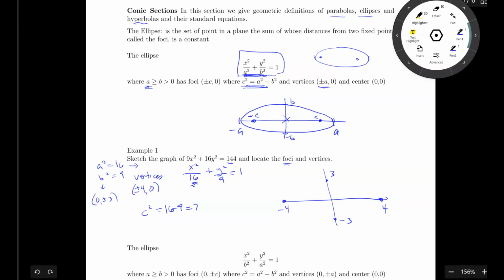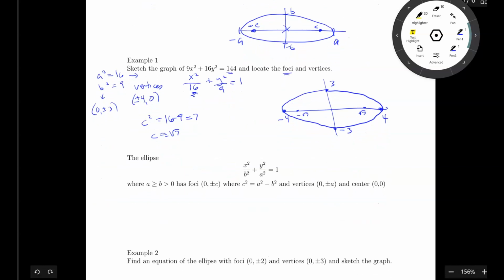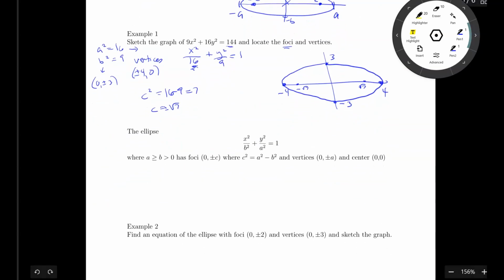So C squared is 7, so that means C is equal to plus or minus root 7, right? So here would be the negative root 7, here would be the positive root 7, and here is my ellipse.